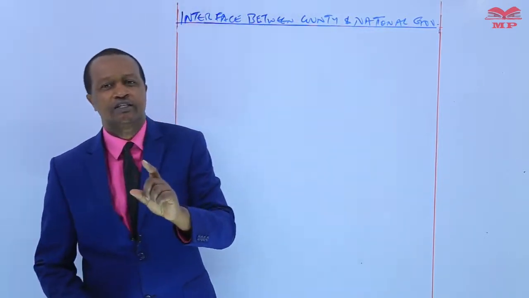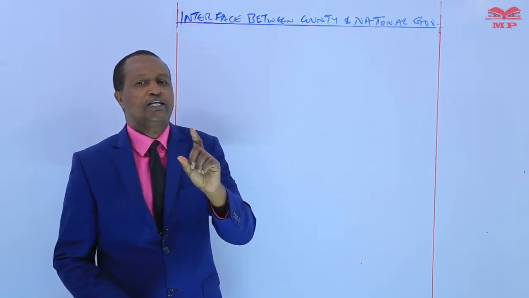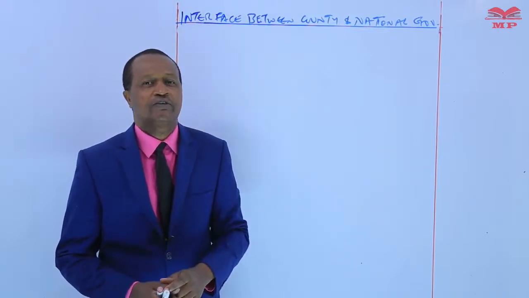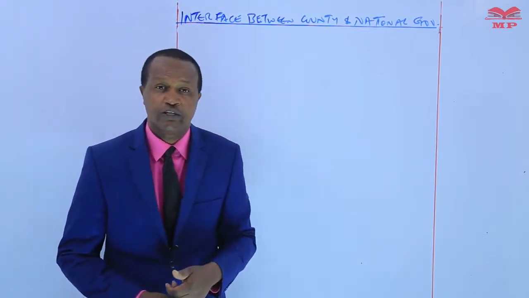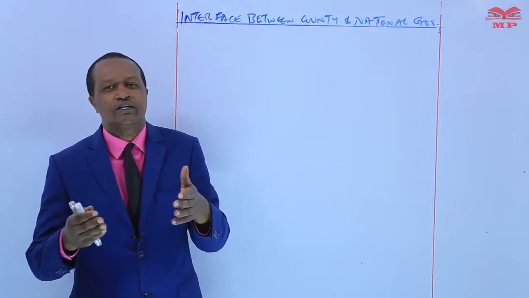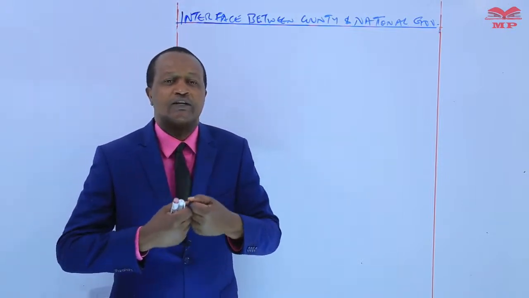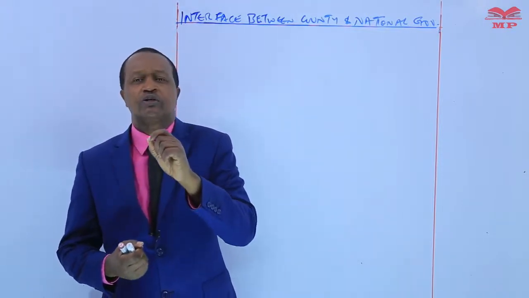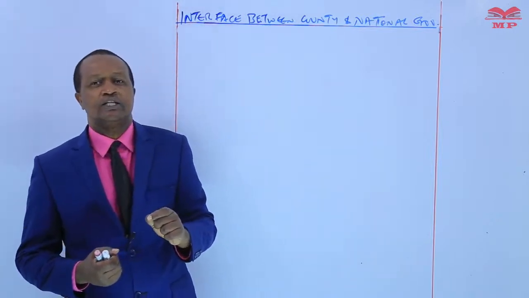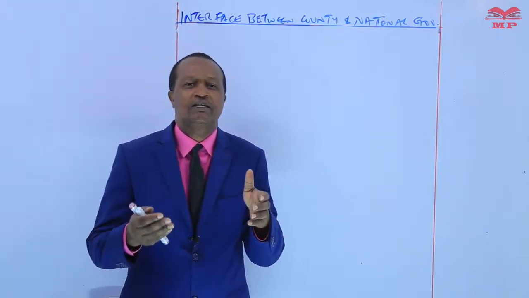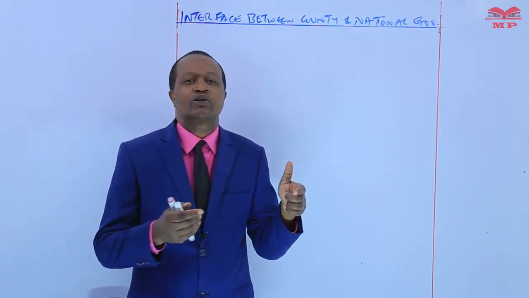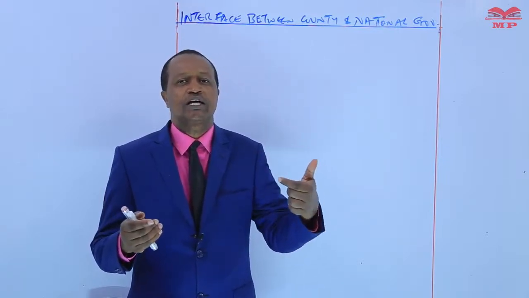Now, candidates, the interface between the national and county governments in Kenya is defined by the Constitution of Kenya, which sets out the distribution of powers and functions between the two levels of government. The Constitution recognizes the interdependence and cooperation between the national and county governments.